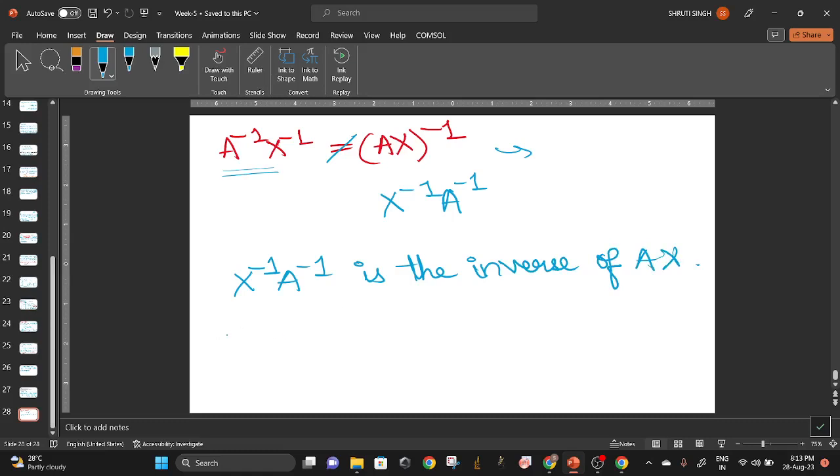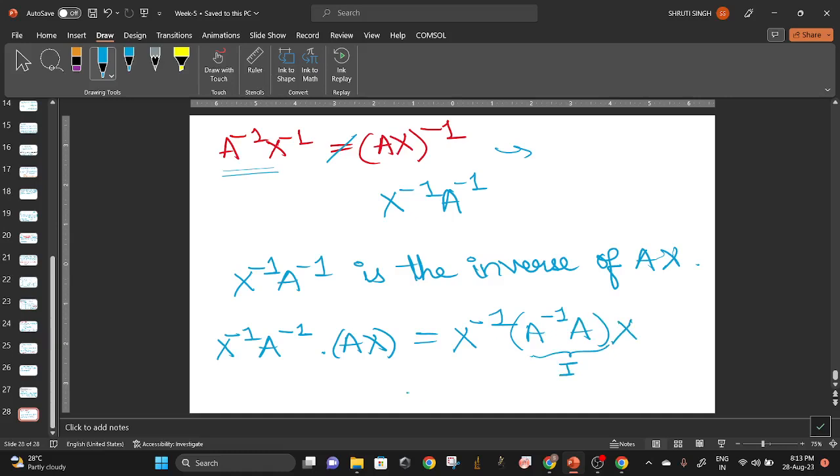So you can simply check by multiplying this with AX. This should be identity if this part is the inverse of this part. If it is not happening, then it is not correct. So here we can write this as X inverse A inverse A X, and A inverse A will be identity. So X inverse I X, and X multiplied by I will be X only.